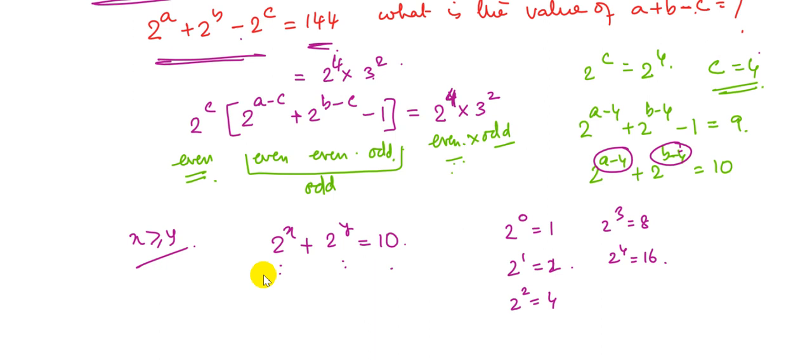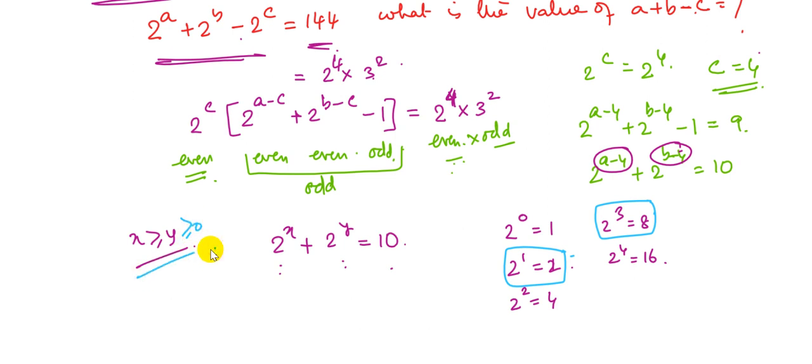It could be only one combination from here, which is 8 and 2. This is the only way in which 2 to the power x plus 2 to the power y is equal to 10, where x and y are both positive integers.